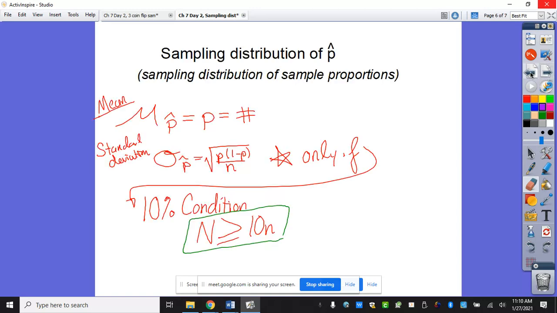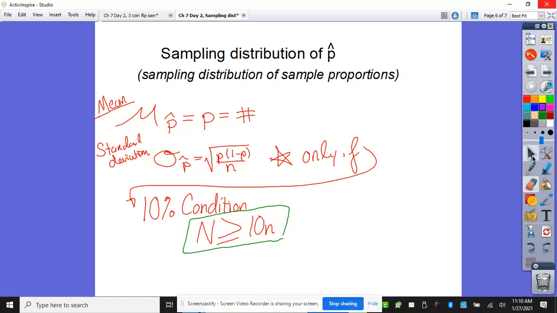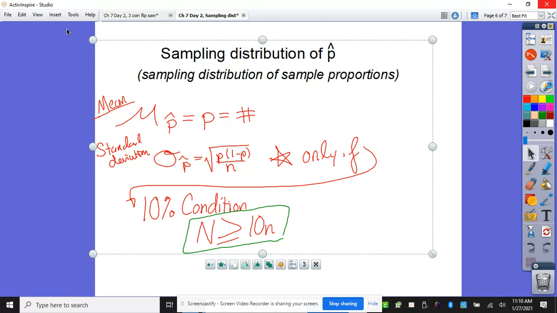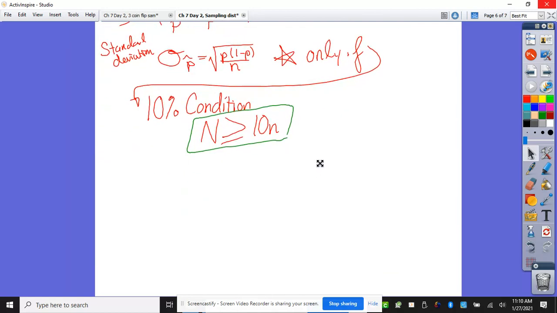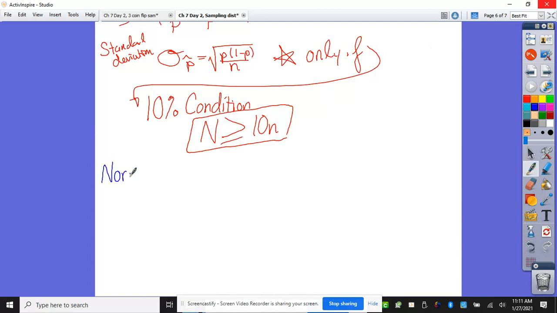Underneath right here, I want you to write normal condition. We'll just write normal.